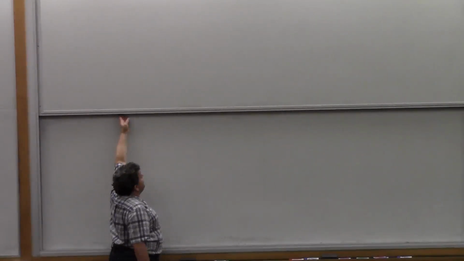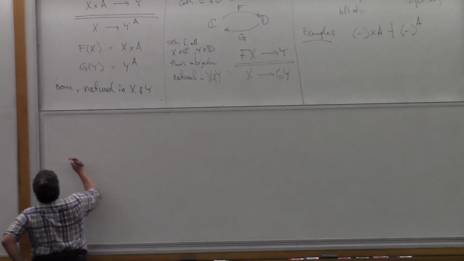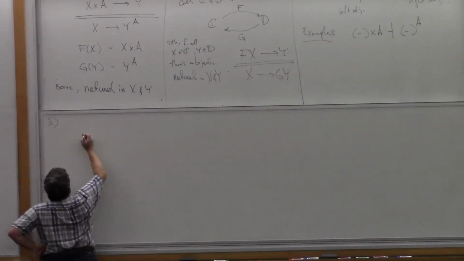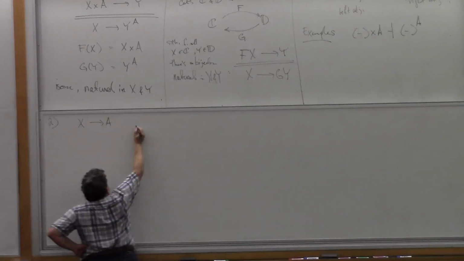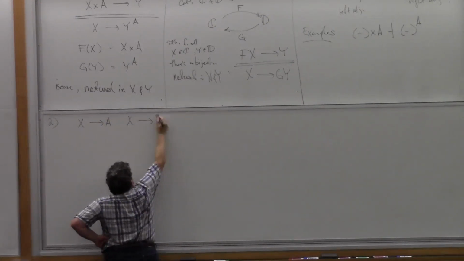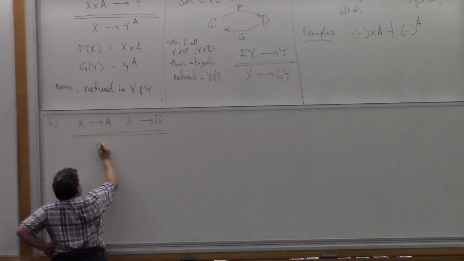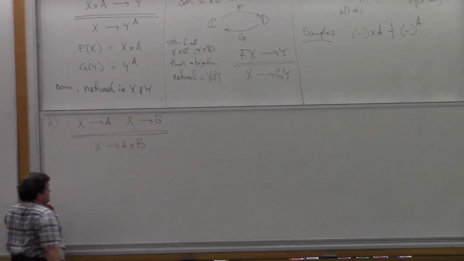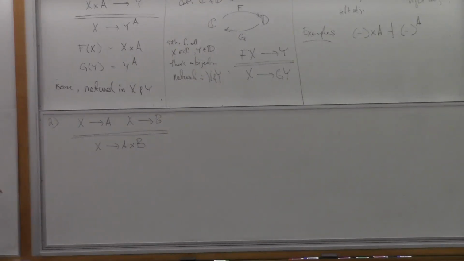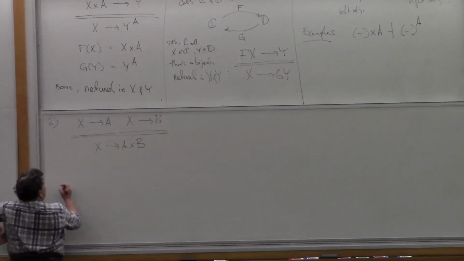Let's do another one. Remember, in the case of products, we said x into A and x into B gives us a map x into A cross B, going back and forth. We said that's the universal mapping property that characterizes products, that defines products. But let's look at what's going on up here. What is that?